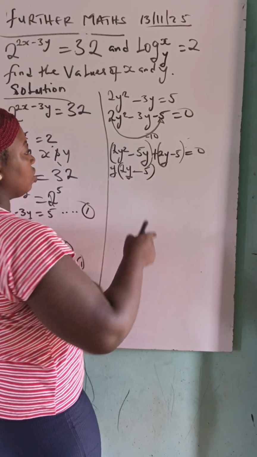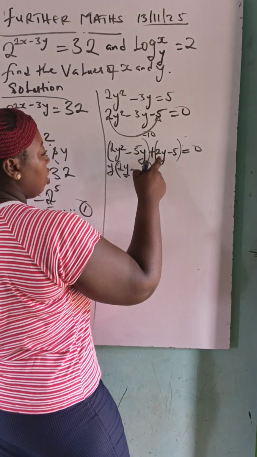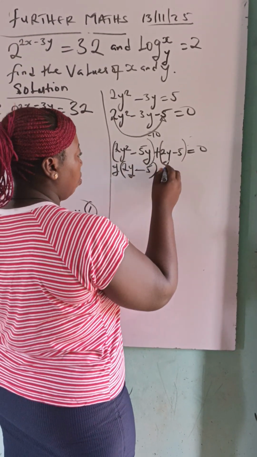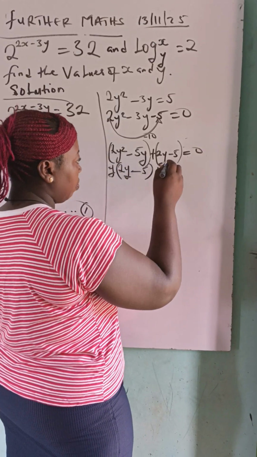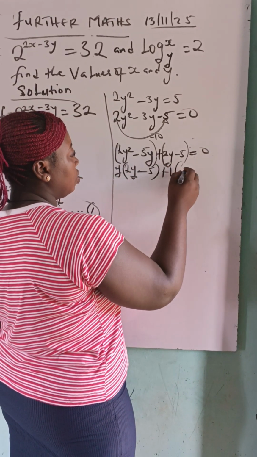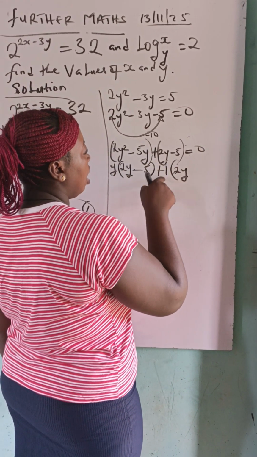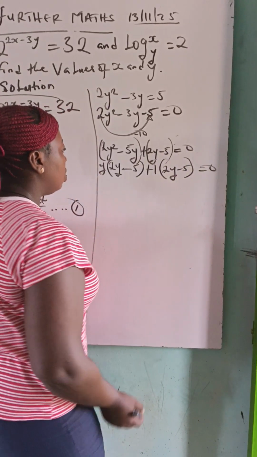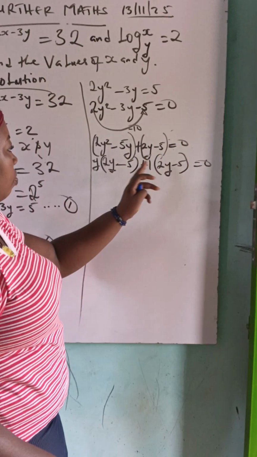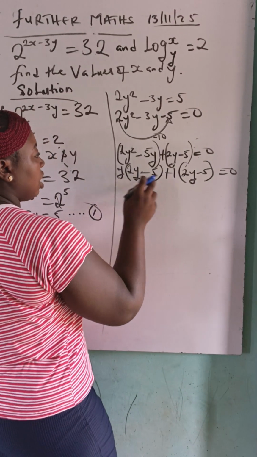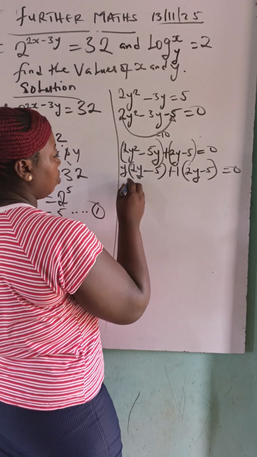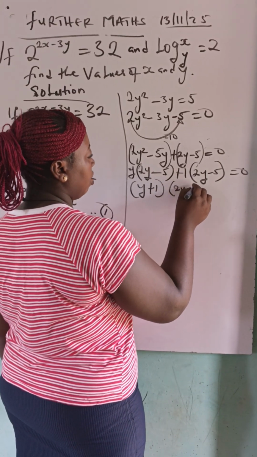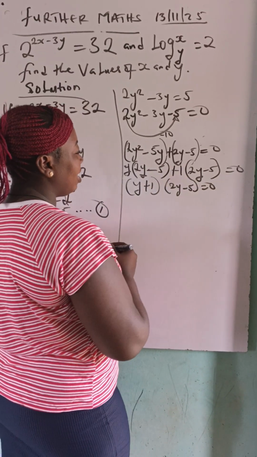Here only 1 can come out, so I place that 1. Then 1 into 2y still remains 2y, and 1 into minus 5 is still minus 5, is equal to 0. Since the brackets inside are the same, we take one outside and one inside. So we have y plus 1 and 2y minus 5 is equal to 0.